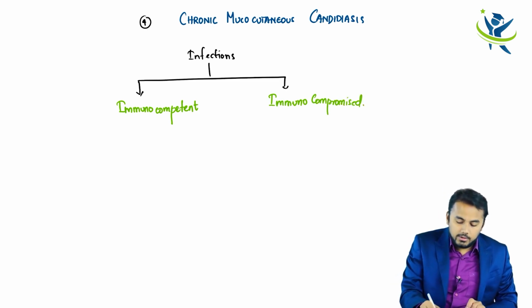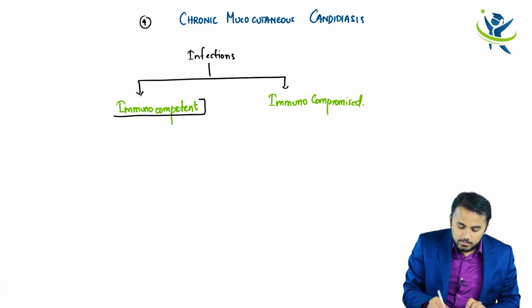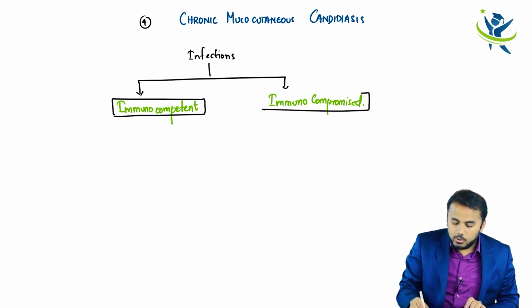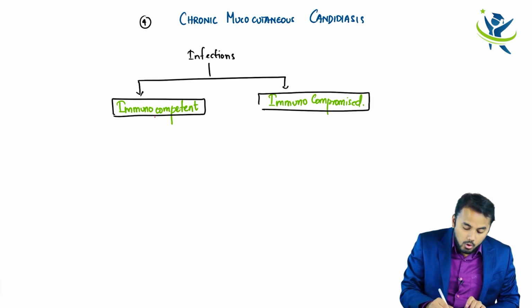So a simple way to differentiate between immunocompetent and immunocompromised is that in immunocompetent people you gonna see T cell deficiency.